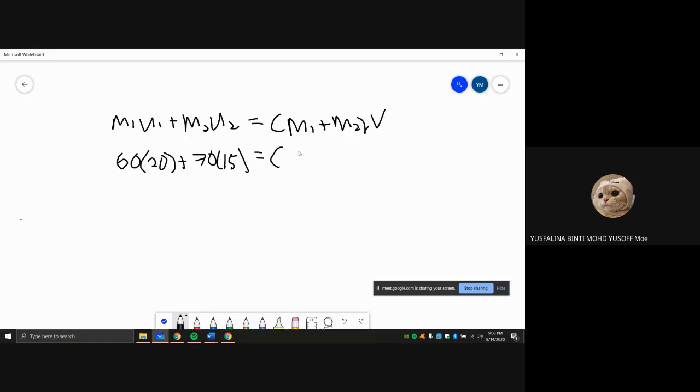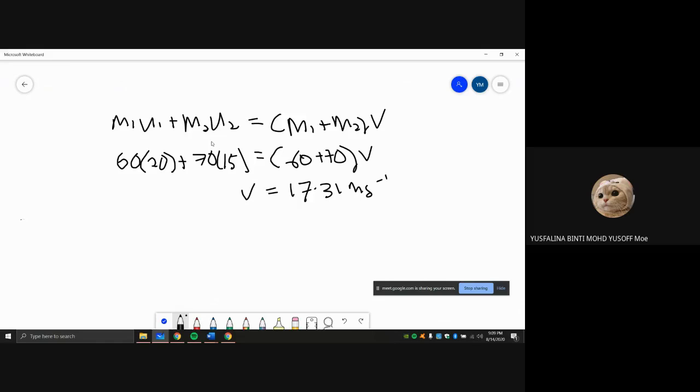So 60 plus 70, multiplied by v. If you calculate, you get v is 17.31 m/s. So this is the formula for inelastic collision. You have to remember it because in the exam they will not give you this formula.